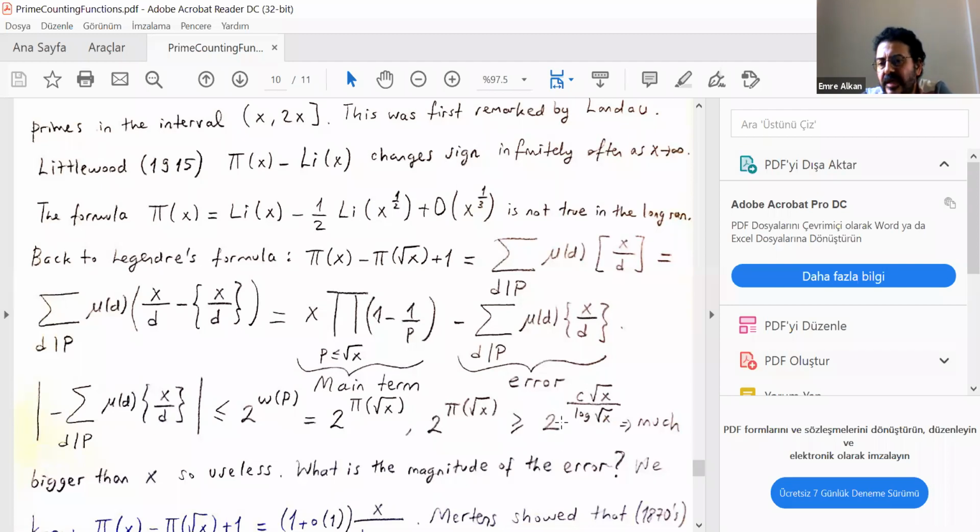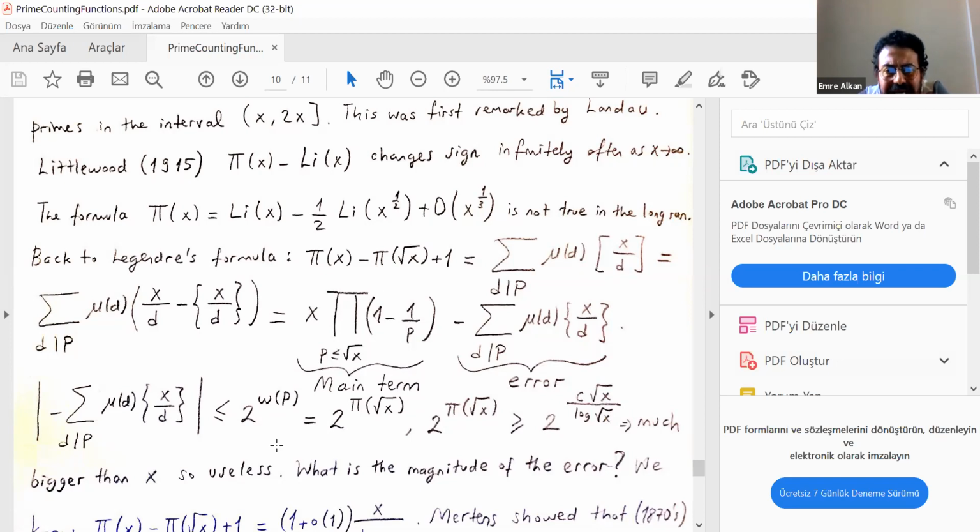If you think about this, this is much bigger than x. Anybody can see that. So this can't be the error, because it's much bigger than what we call the main term, because the main term is definitely less than x. There are some factors here less than 1. So this way of looking at it is useless.